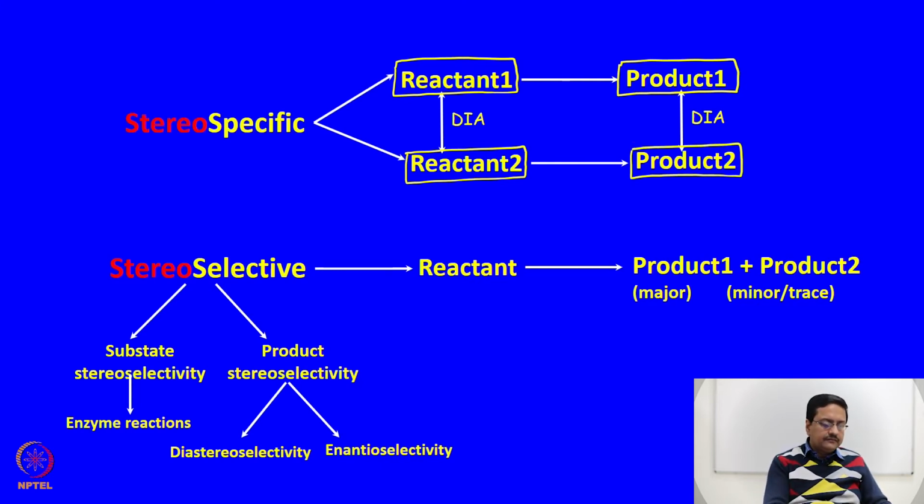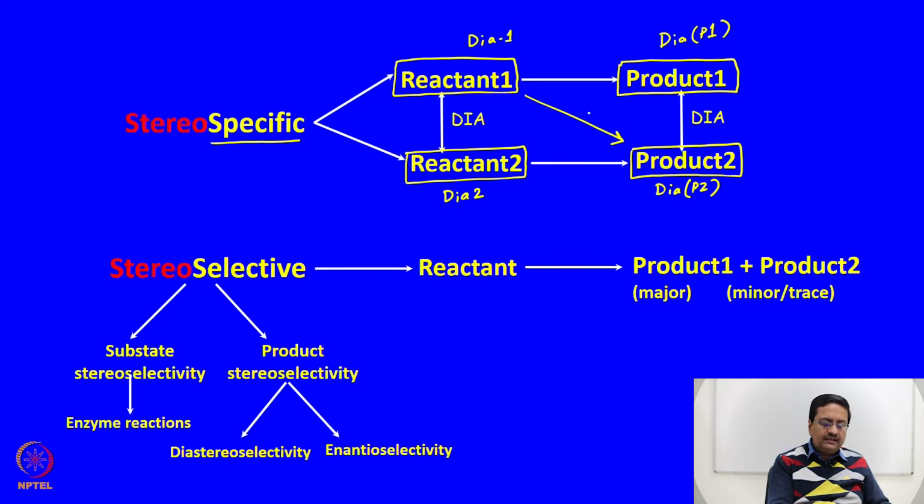So diastereomer 1 gives diastereomeric product 1, and diastereomer 2 gives diastereomeric product 2.